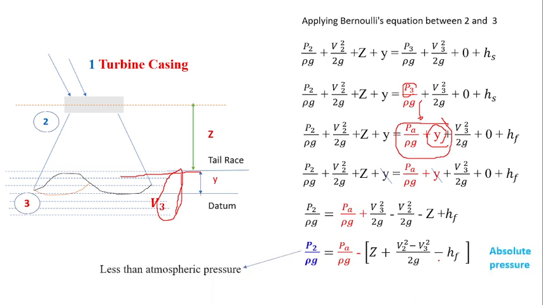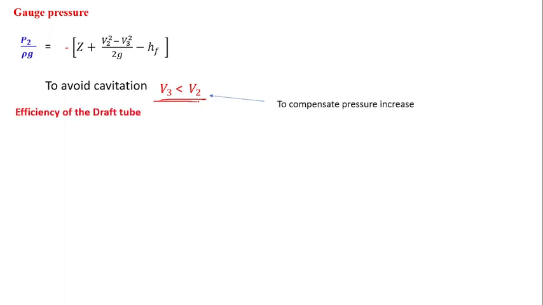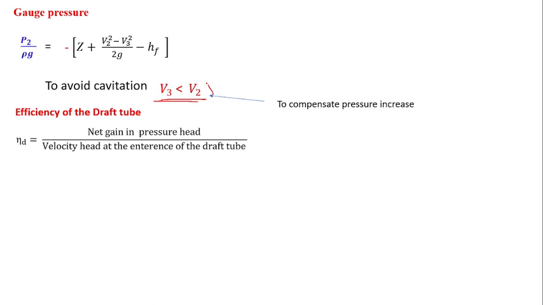Since a constant is subtracted, it means it maintains a pressure less than atmospheric pressure, that is, gauge pressure. To avoid cavitation, the velocity at point 3 is less than at point 2, so to compensate the pressure increase, we give the draft tube.